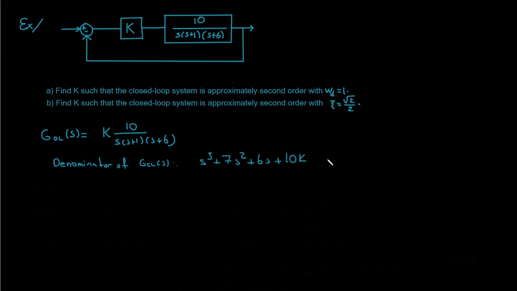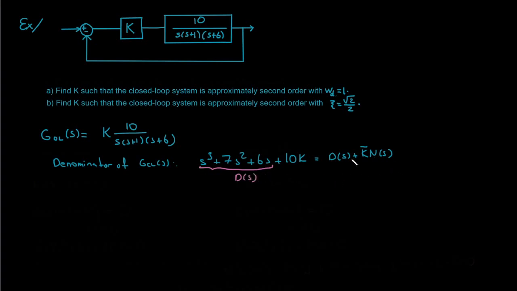I would like to put that in a format such that I can write this as d of s plus k times n of s. Since this is k, I would like to change it to k bar times n of s. I would like to call this part d of s.